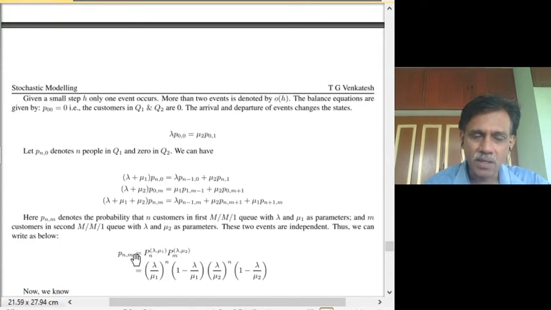We can see that this will be the product of the probability that there are n customers in the first queuing system and m in the second queue, which we already obtained through Burke's theorem. In which case you will have rho 1 power n into 1 minus rho 1 into rho 2 power m into 1 minus rho 2. Rho 1 is lambda by mu 1, rho 2 is lambda by mu 2. This is what you would get.